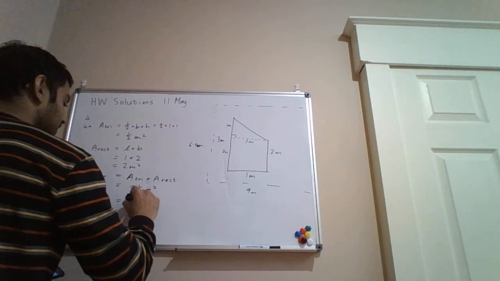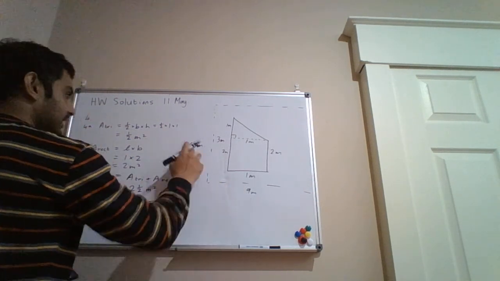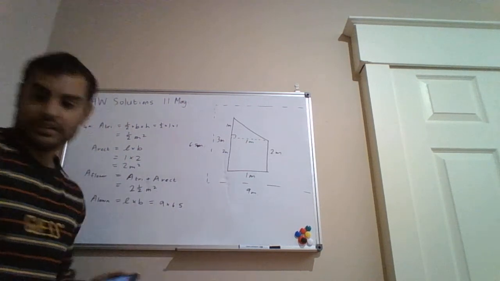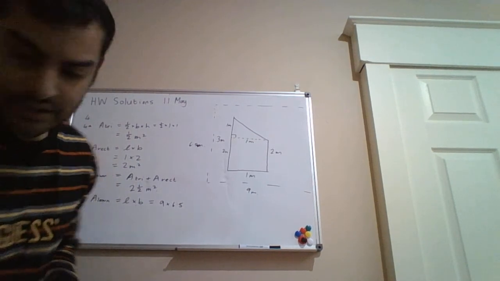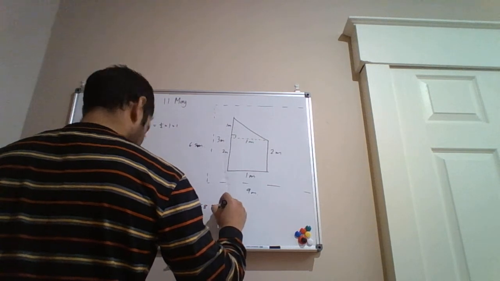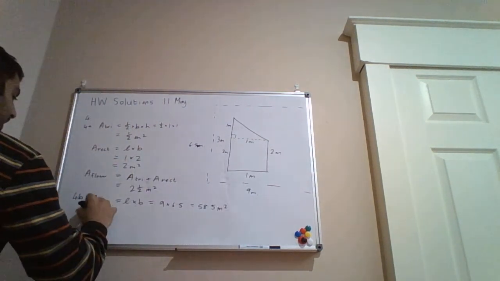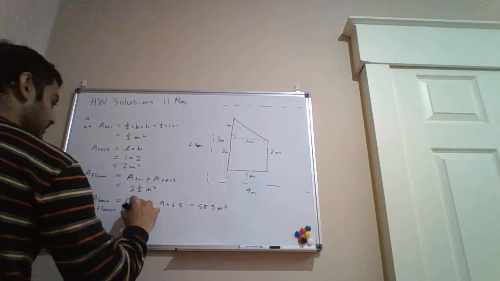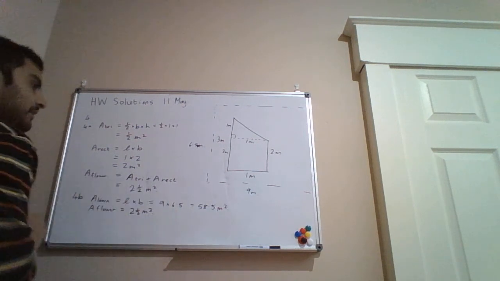That equals length times breadth. That's going to be 9 times 6.5. I get 58.5 meters squared. The area of the flower bed was 2.5 meters squared.